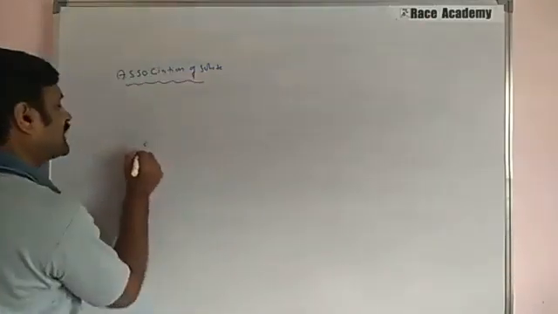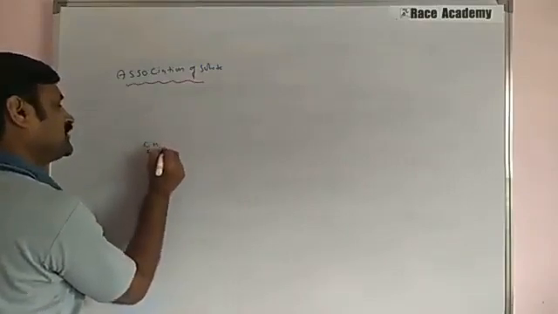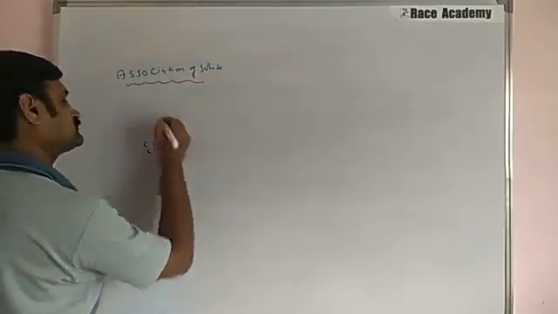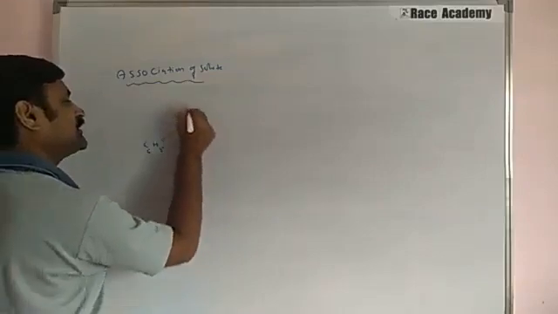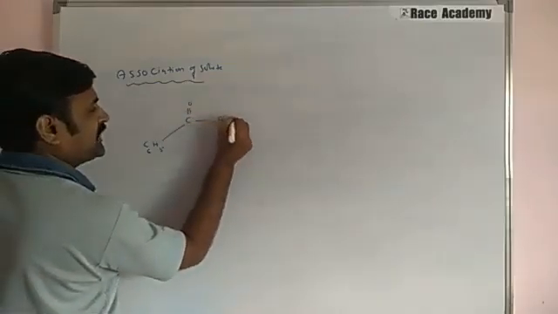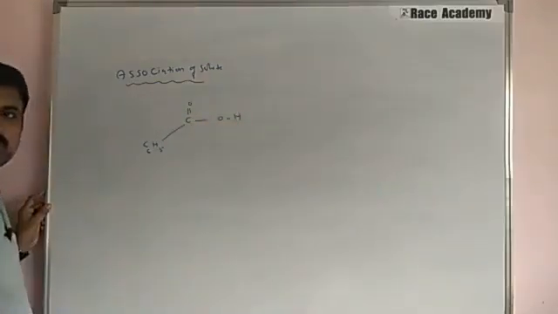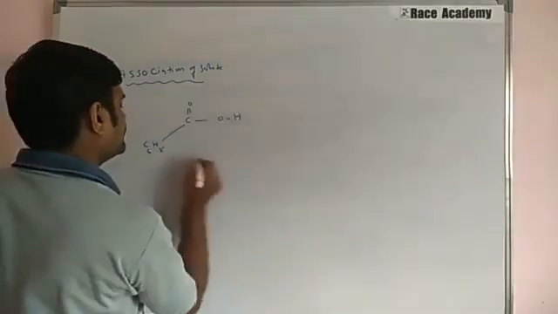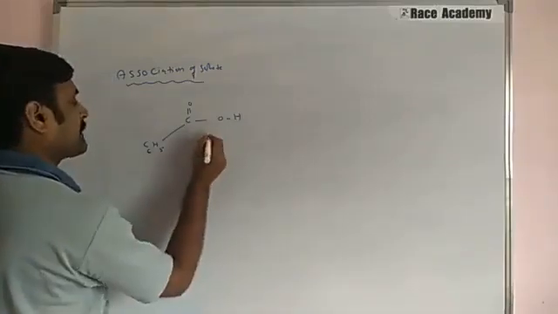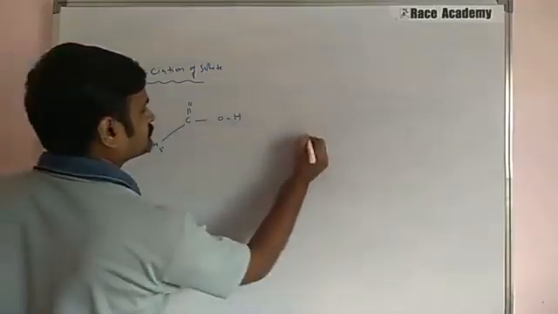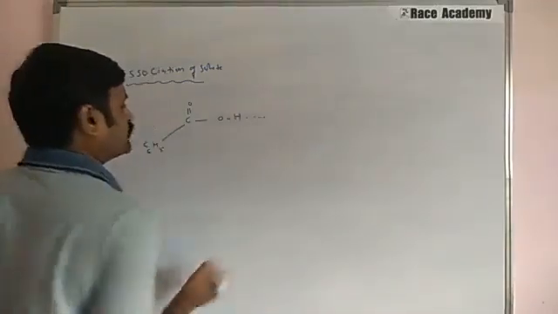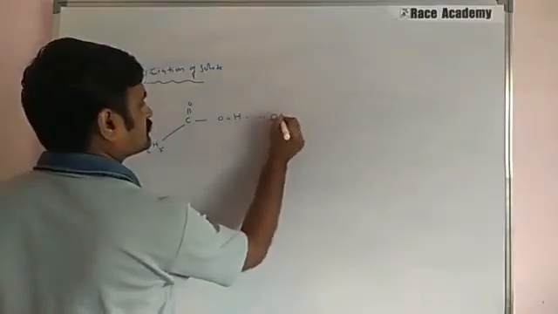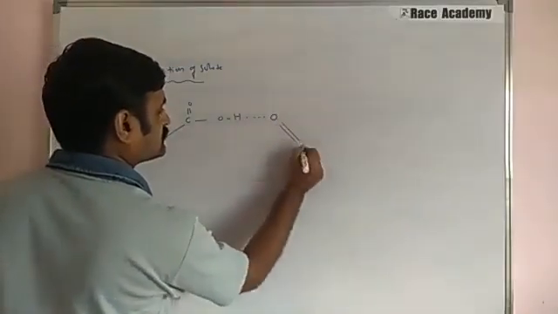If you take benzoic acid, it is C6H5. So it gives like this, and another one, you can write the benzoic acid formula by using the hydrogen bonds like this.